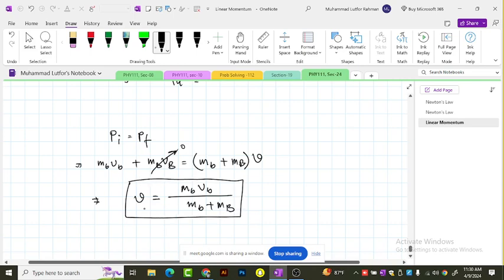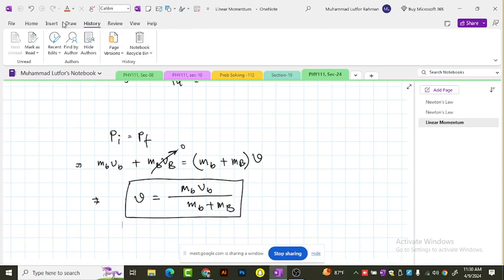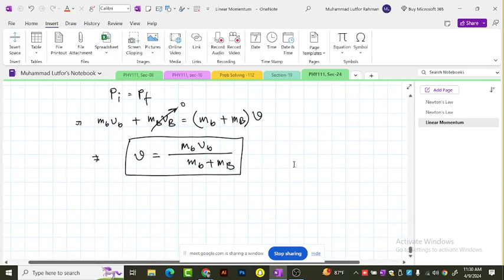Because we have the numerical values, I'm going to put them in over here. Let's plug in those values.